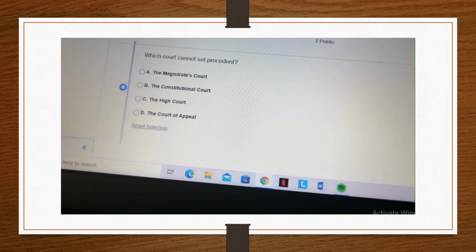It cannot be bound by a decision which was made by a lower court. I'm not sure if I'm making sense here, but that's what I'm trying to say. So my answer is A, which is the magistrate court, because it is the lowest in the hierarchy of courts, or in the ranks of courts which are mentioned here.